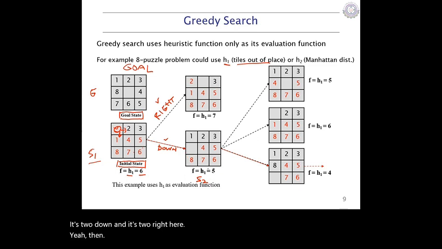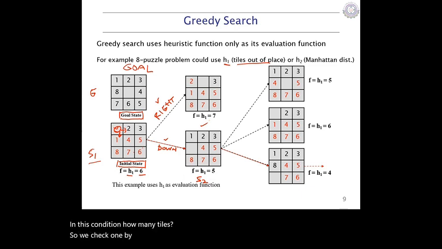For down, we can see how many tiles are misplaced or out of place in this condition. So we check one by one.